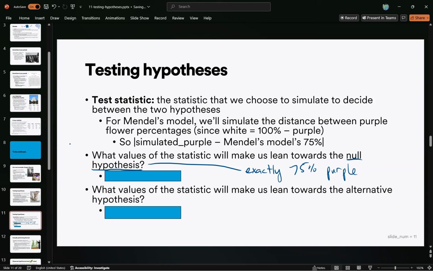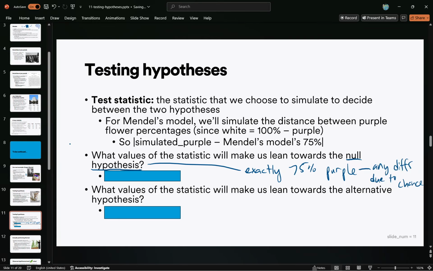That's what it should be. The rest is due to chance, all right? Any differences are due to chance. Does that make sense? That's the one the model predicts. Exactly 75% of those pea flowers are purple. Any differences that we see in the real world or in a simulation was due to chance.